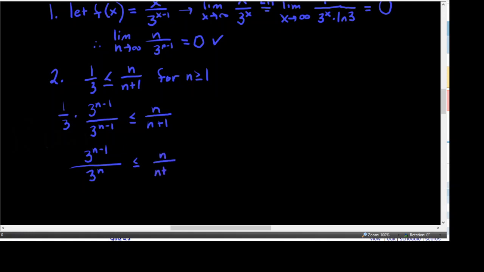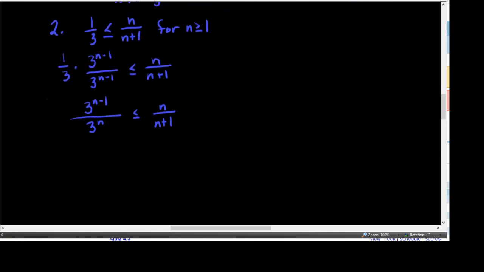Okay, so I'm just doing logical, reasonable things to this inequality that are algebraically fair to do. So now what I want to do with that is multiply both sides by n plus 1 over 3 to the n minus 1.